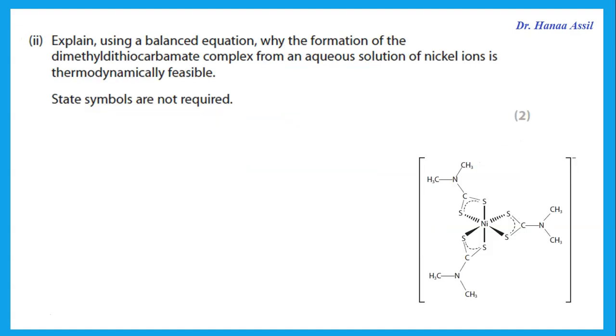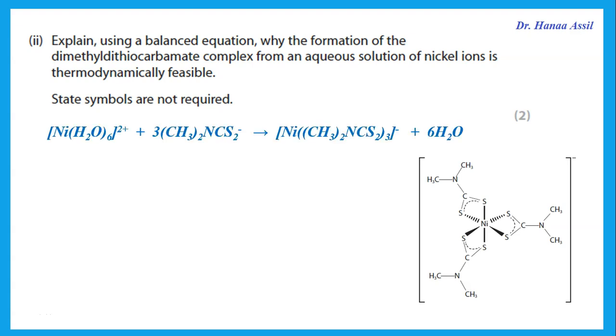Explain using a balanced equation why the formation of the complex from an aqueous solution of nickel ion is thermodynamically feasible. Okay, so if we write this equation, this is the nickel hexaaqua ion with 3 of the ligands to form this product.